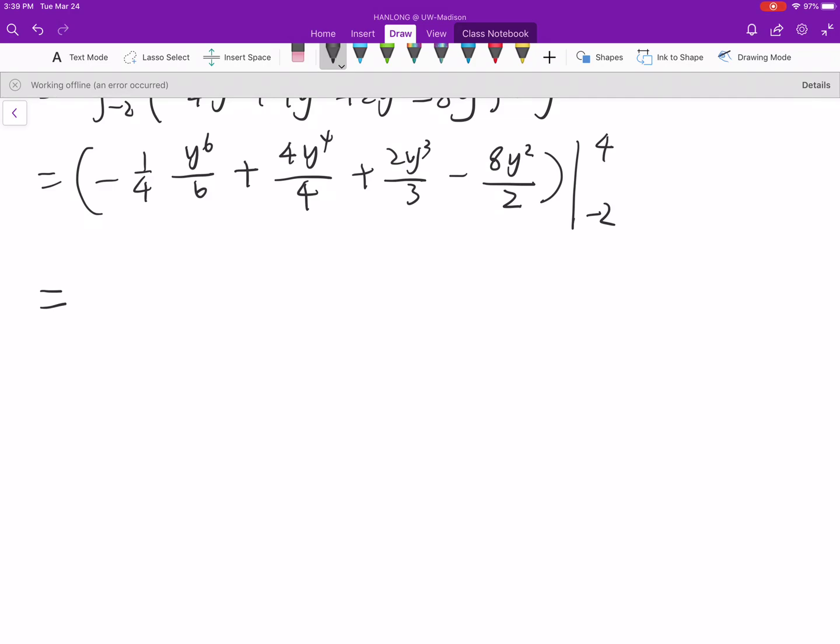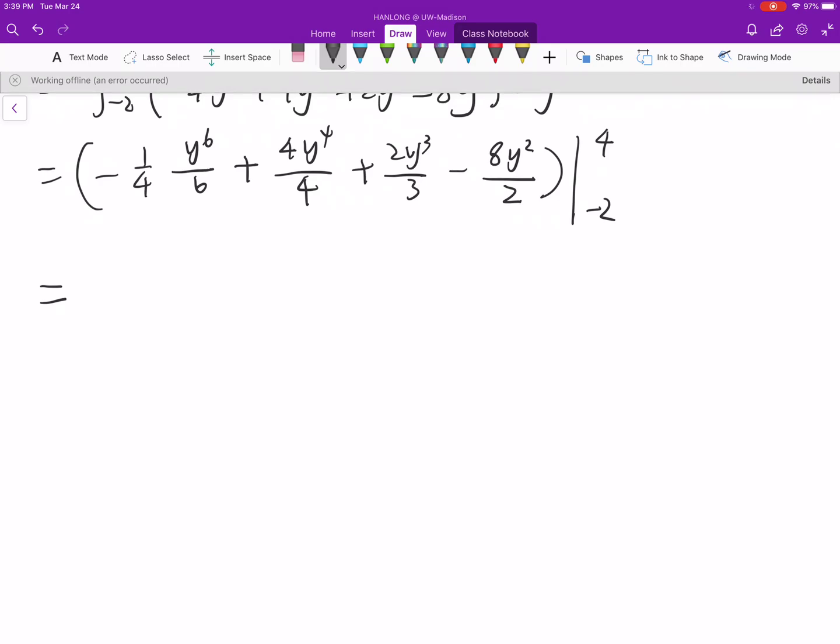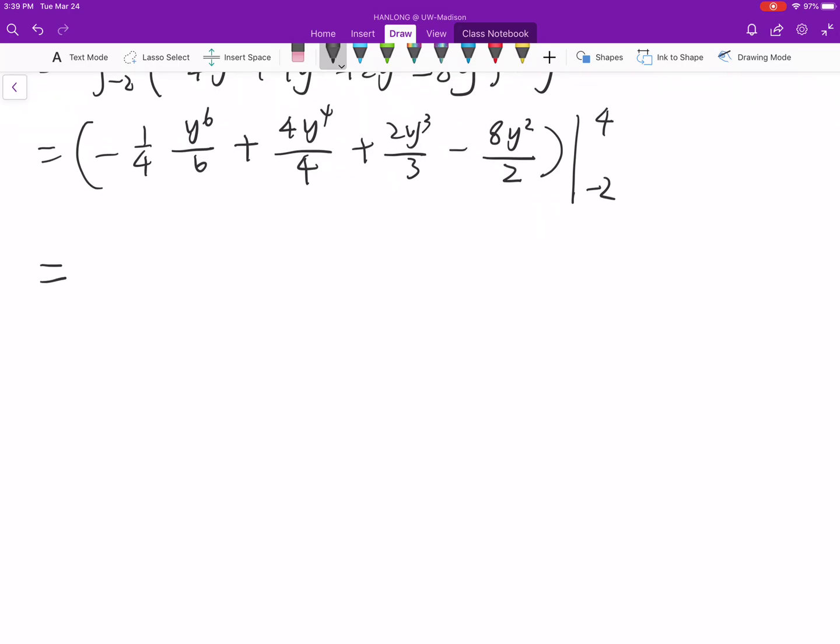Okay. Then you have a lot of calculation of the integers. I will omit them here. So the final answer is 36.